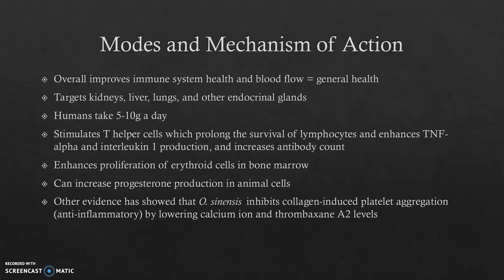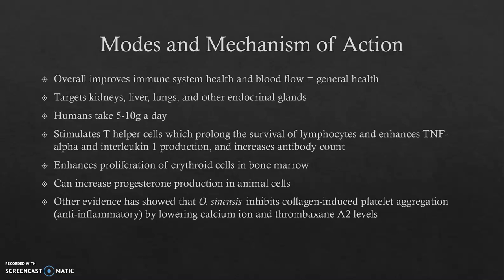So some of the modes and mechanisms of how this fungus works is that, like I said, it overall improves the immune system, health, and blood flow, which improves general health, and it targets the kidneys, lungs, liver, and other endocrine glands. Humans are told to take 5 to 10 grams a day, and this will stimulate T helper cells in the body, which prolong the survival of lymphocytes and enhance TNF alpha and interleukin-1 production and increase antibody count.